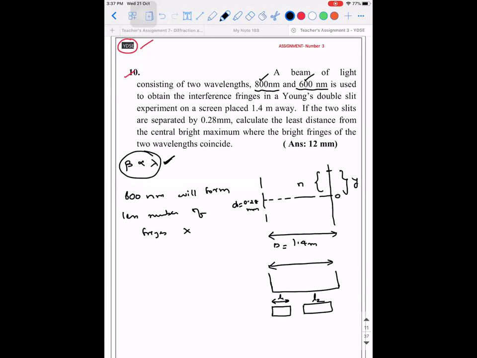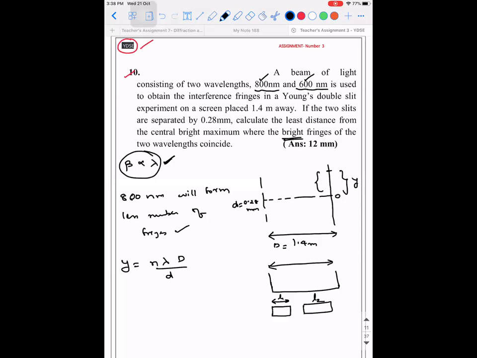So here the answer is 800 nanometer will form fewer fringes. With this idea, since they want the bright fringes to coincide, what is the formula for y? y is equal to n lambda into capital D divided by small d. Okay.